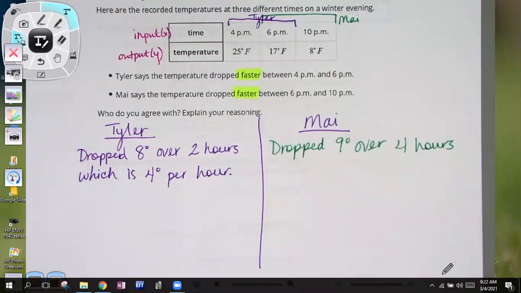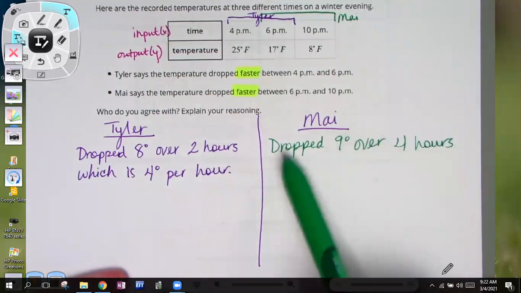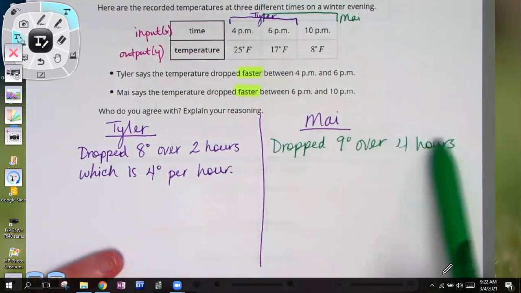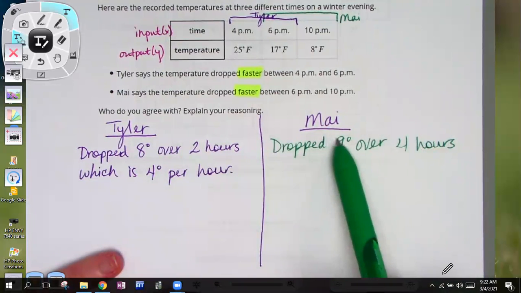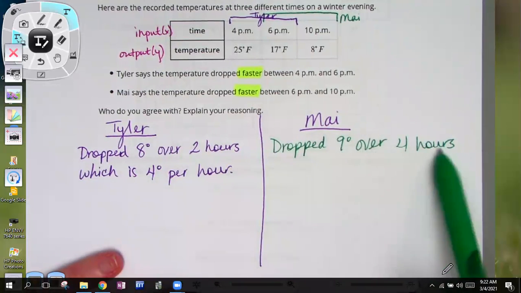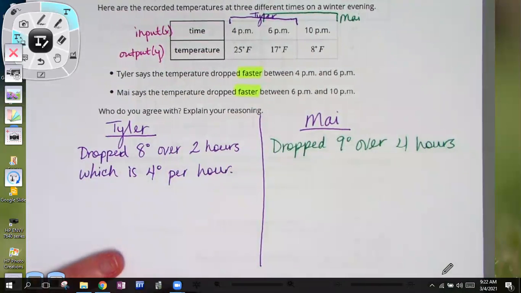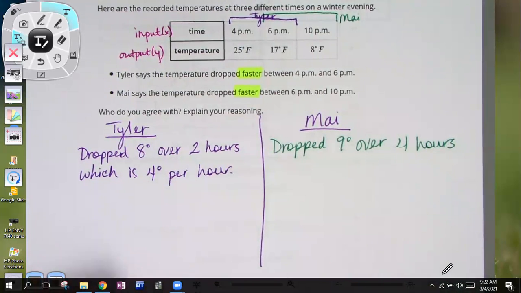May's dropped more, hers is faster. Okay, why is that wrong? Because, yeah, she had like, how many hours? She had 4 hours. Okay, so hers had a longer period of time. So it dropped 9 degrees. It was 1 degree higher, but it was 2 more hours than his. So how much is that per hour?